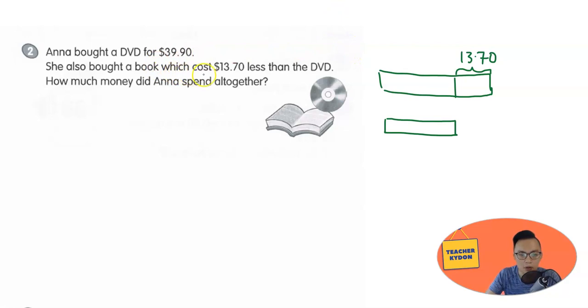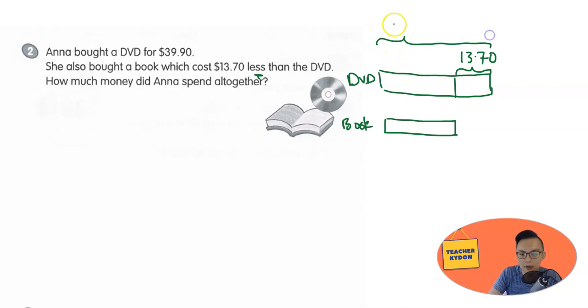So she bought a book which cost $13.70 less than the DVD. Can you tell which is more expensive? The DVD is more expensive, okay? So the DVD is more expensive, and then the book is cheaper. So the book I'll put below, the DVD I'll put on top. So the DVD costs $39.90.